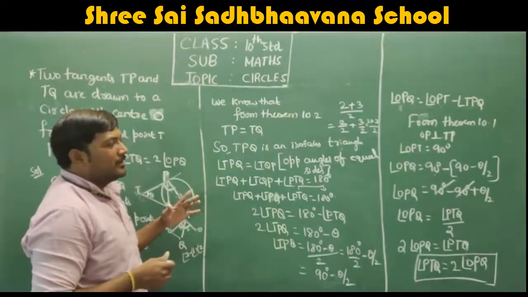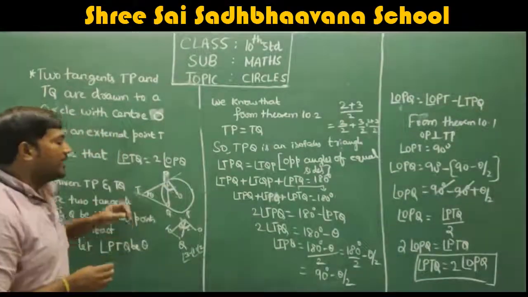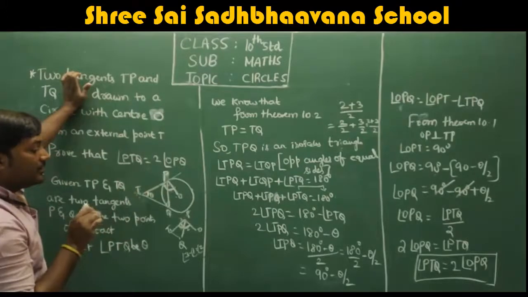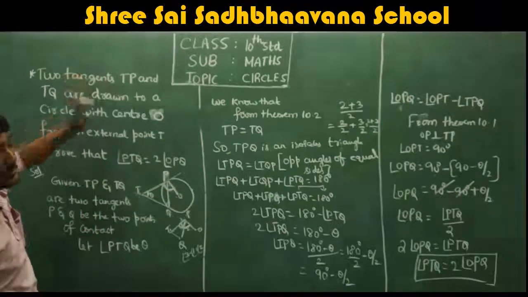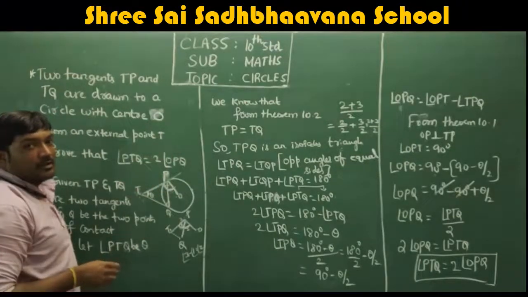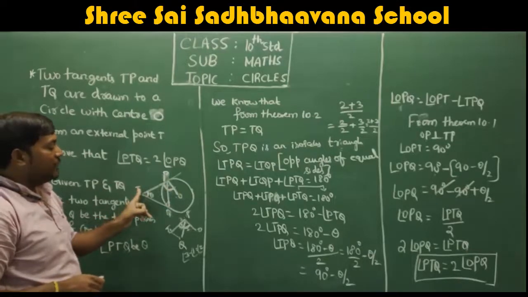For this sum you have to use your brain, and this part again I am telling you, remember, it is a very important part and plays an important role in this problem. If you understand this part, almost you will get the proof. Basically OPT is the full angle.